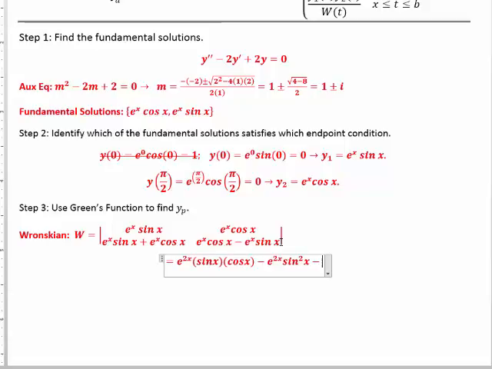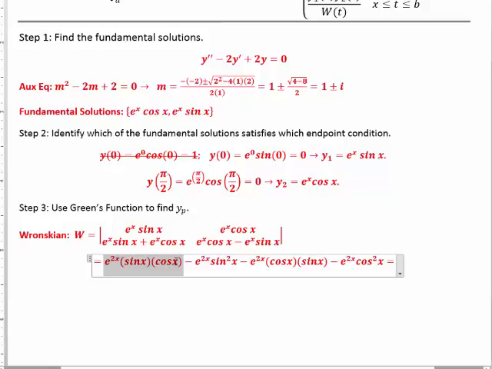So that's the first part, and then we have minus e to the 2x, and then we have another one that's sine x and cosine x. And then minus and then a plus, so that's another minus, and we have e to the 2x cosine squared x.